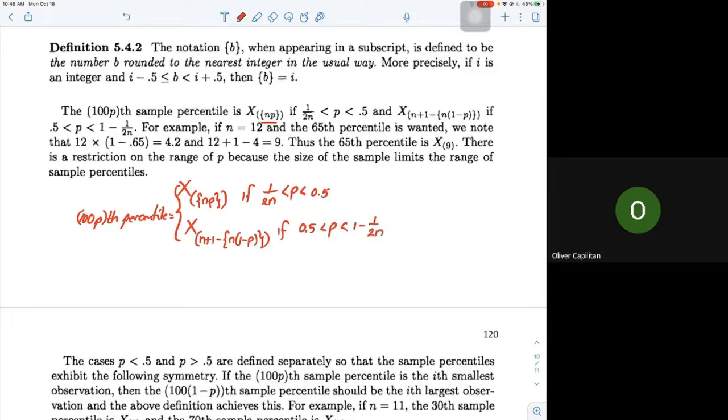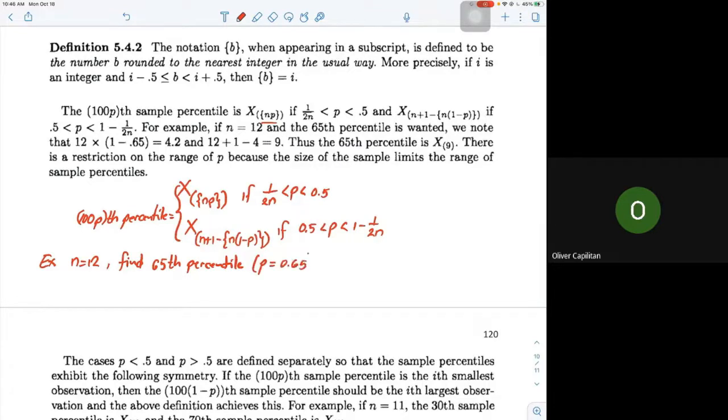Say for example, consider our example above, when n is equal to 12. If we are going to find the 65th percentile, our p-value here is 0.65.